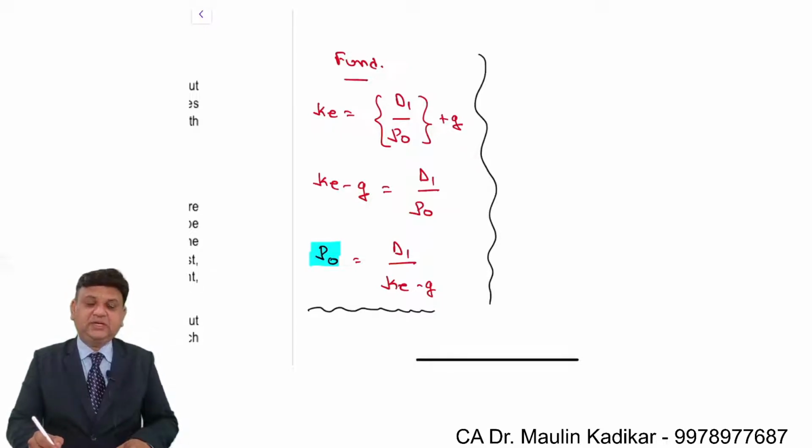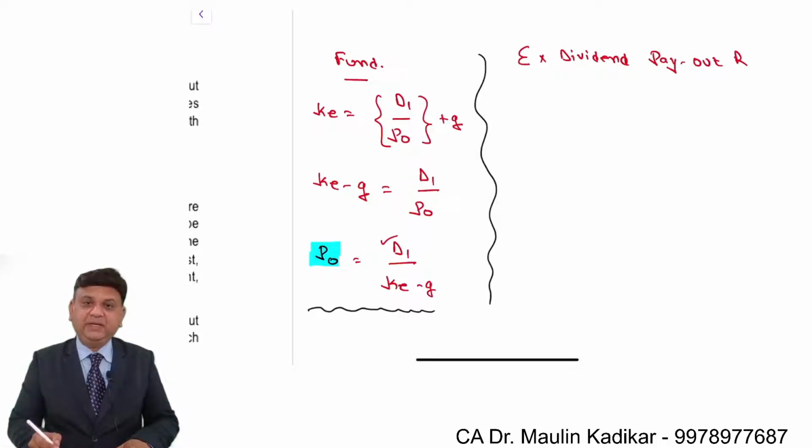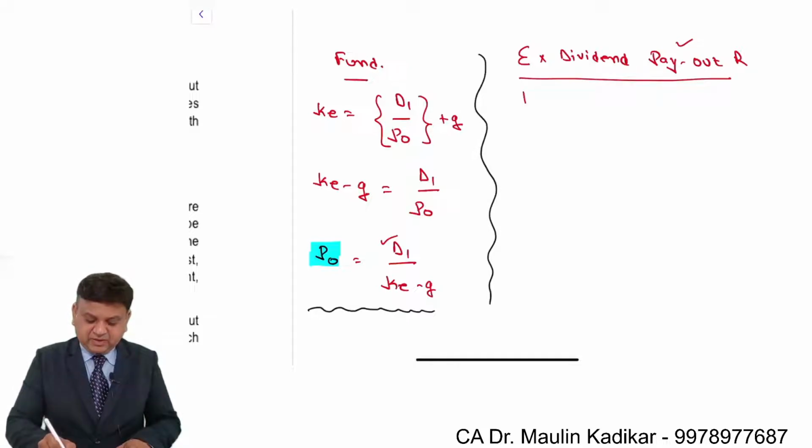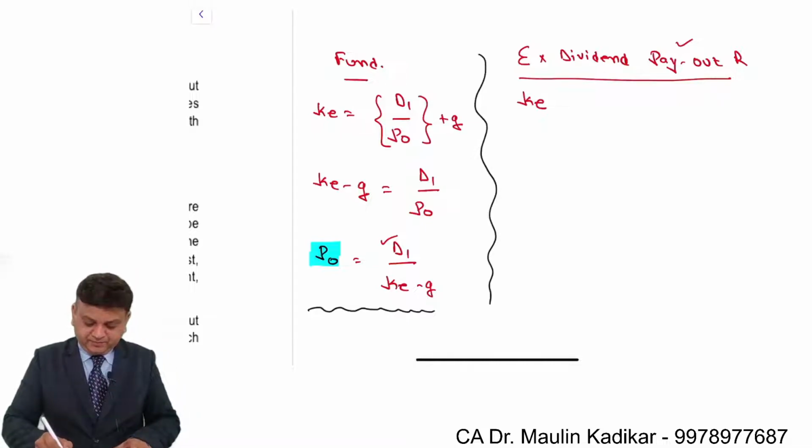This price takes into account the earnings of the company and the dividend payout ratio. That gives the amount of the dividend, meaning the dividend policy of the company, divided by the cost of equity, meaning the risk which the security has from the investor's point of view.